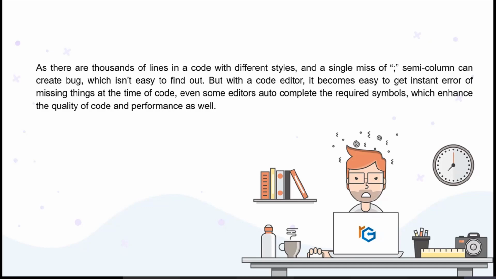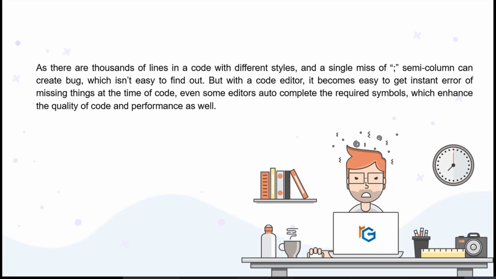But if you use a code editor, it becomes easy to get an instant error for missing things at the time of coding. Even some editors autocomplete the required symbols, which enhances the quality and the performance of the code as well.